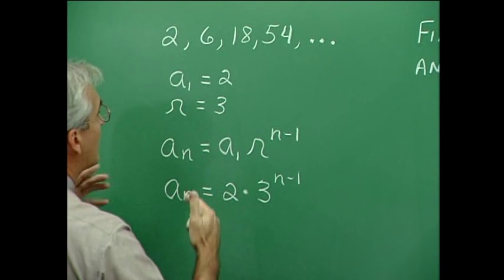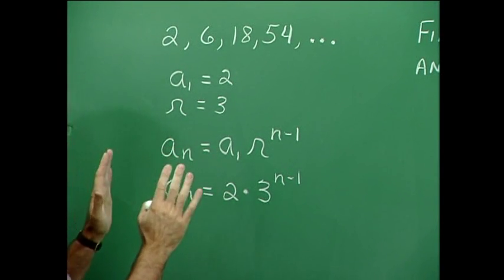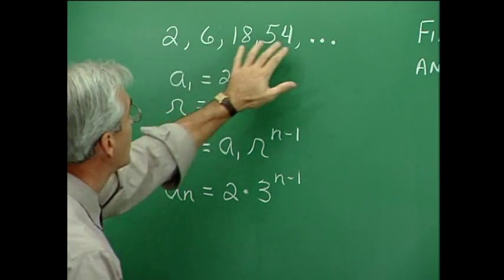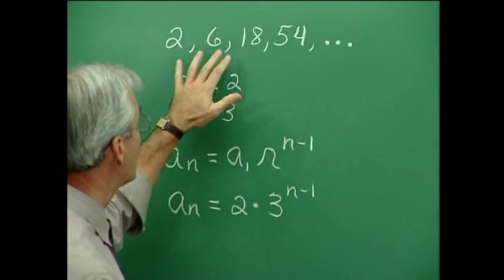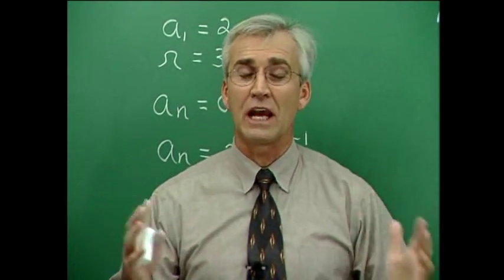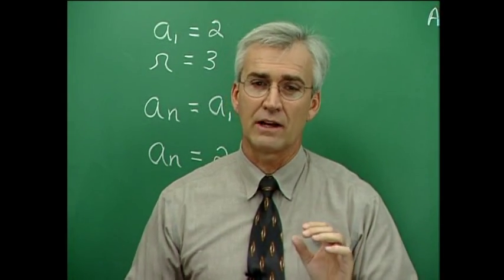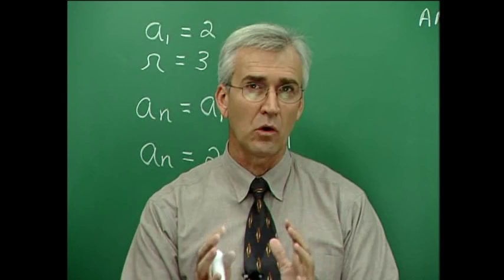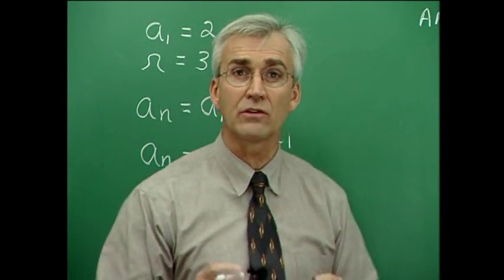And by the way, if you ever get confused about the value of the common ratio, and sometimes there is confusion because the terms are not as easily read, or you can't see through them as easily as you can here. They might be fractions, for example, and there might be a sign change between them. Well, under those circumstances, just realize that this common ratio can be found by just taking the ratio of succeeding terms like this.